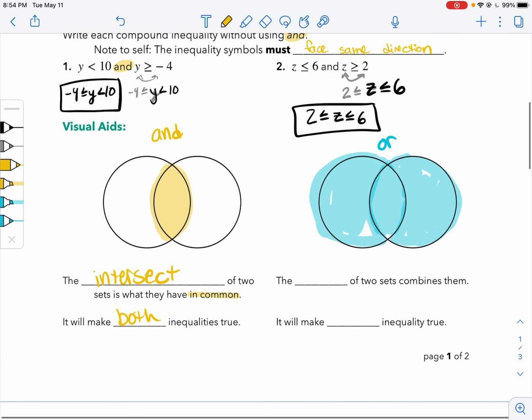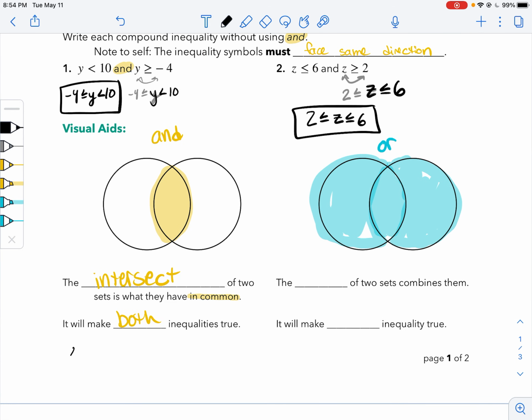So we looked at our example up here of y is less than 10 and y is greater than or equal to negative 4. That's going to be this area between them, that overlap right there. Or, on the other hand, we call the union of two sets.